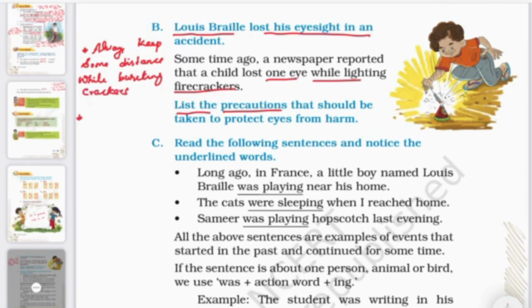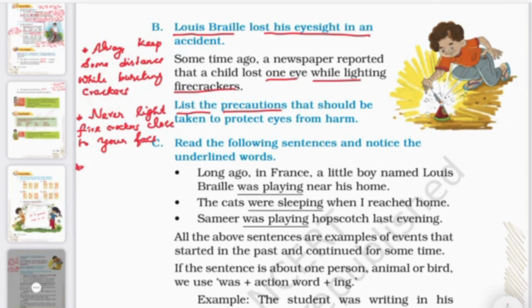Next one, never light firecrackers close to your face.